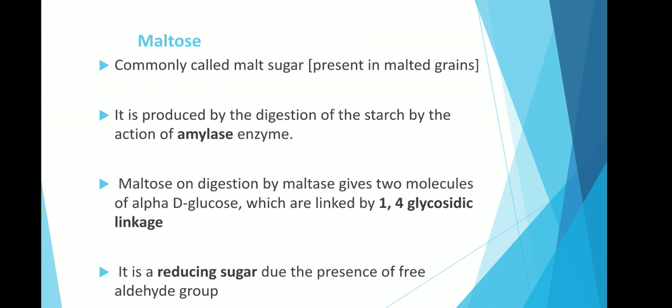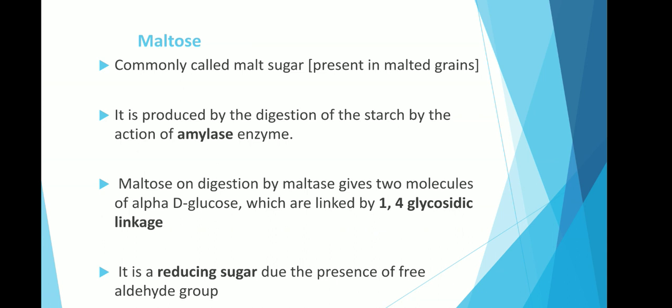The next important disaccharide is maltose. It is commonly called malt sugar. It is present in malted grains, and this is the main source. This is formed by the condensation of two molecules of glucopyranose. What is the linkage? 1,4-glycosidic linkage.